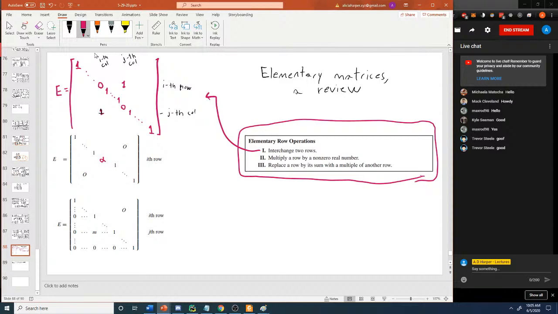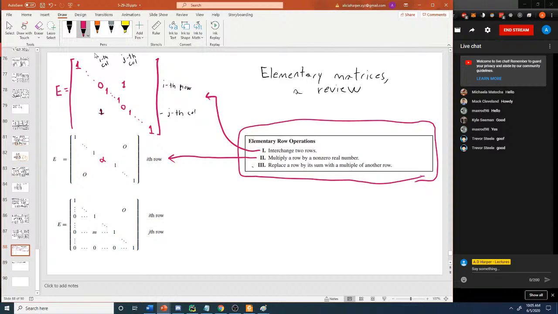Likewise, you can look at an elementary row operation where you multiply a row by a non-zero real number, and this is an elementary matrix that accomplishes it. And finally, you can replace a given row by its sum with a multiple of another row.